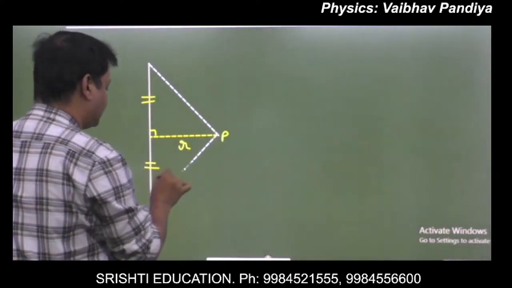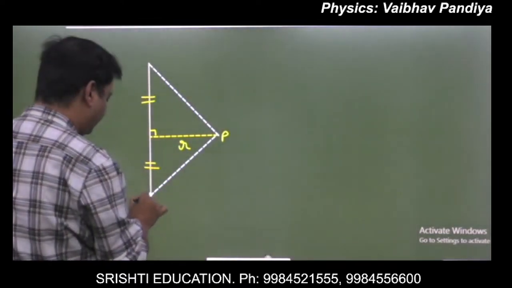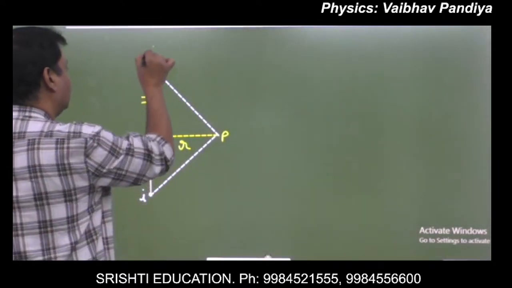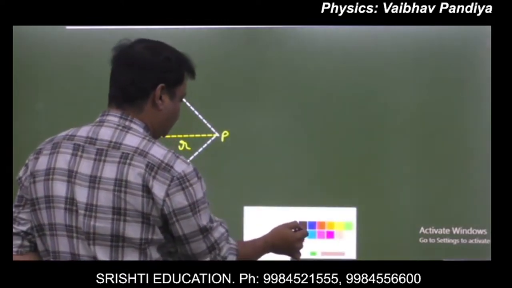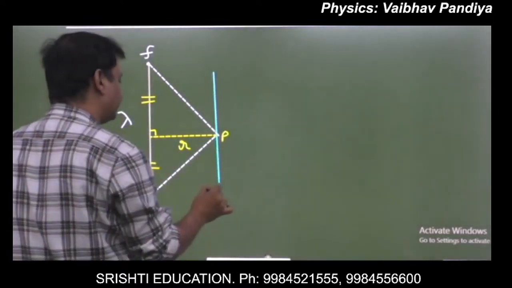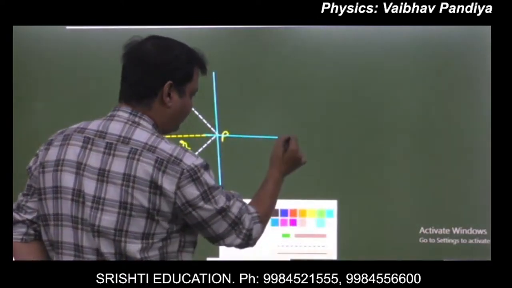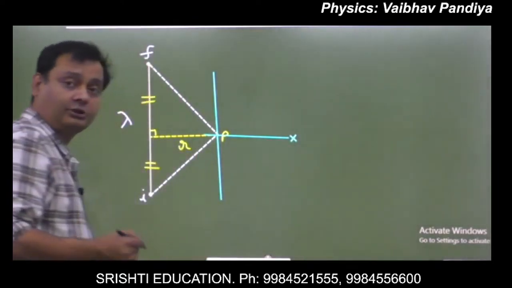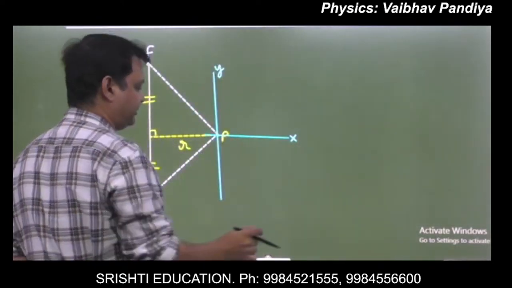So these two angles will also be equal. This is the initial point and this is the final point, and say lambda is the linear charge density. Now I'm making two axes according to the model of derivation. The x-axis is perpendicular to the rod, away from it, and the y-axis is parallel to the rod in the final direction.